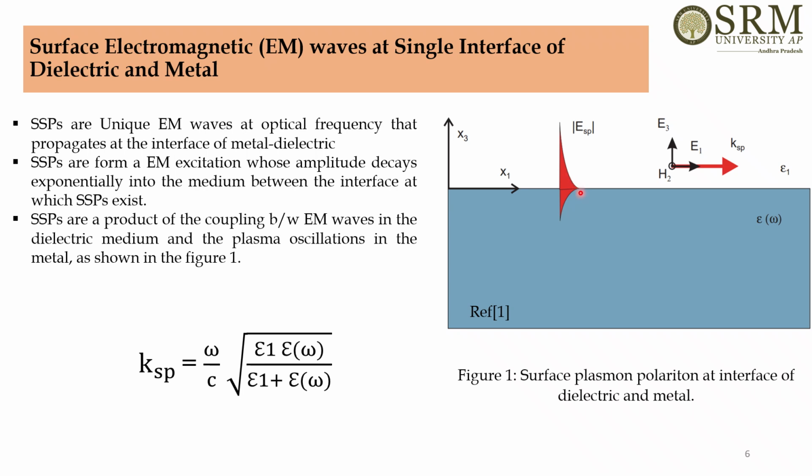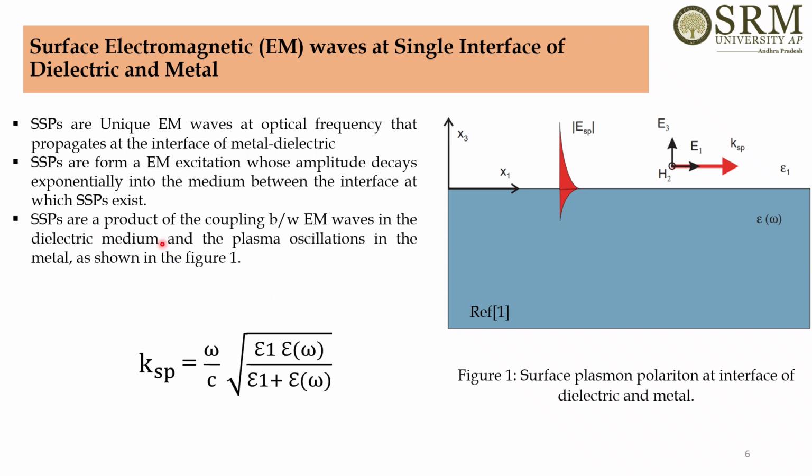You can say it is an exponential decay in both regions, one in the dielectric region and another in the metal region. Compared to the dielectric region, the decay is less in the metal due to its skin depth and material properties.